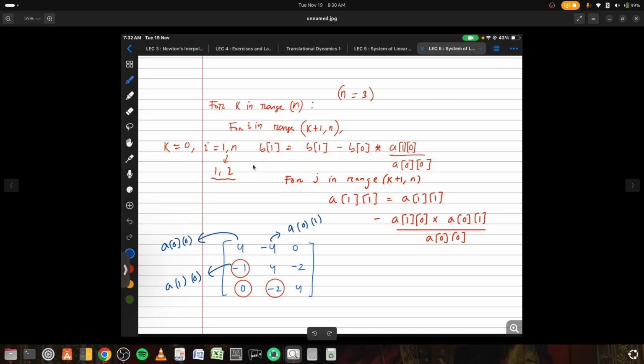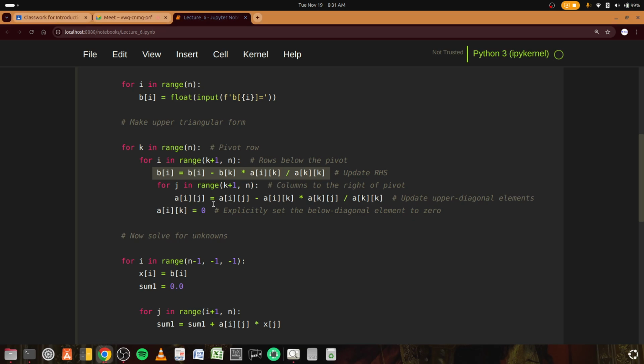Here you get the modified b1 and b2 values if you carry out this loop, and then for j in range k plus 1 to n, you have to carry out this: aij equals aij minus aik into akj divided by akk.